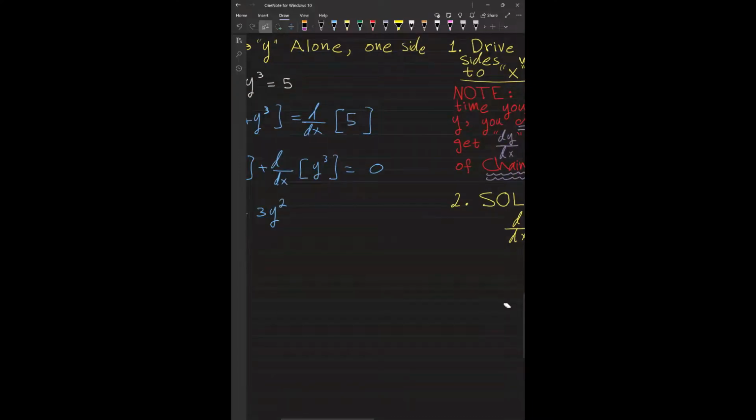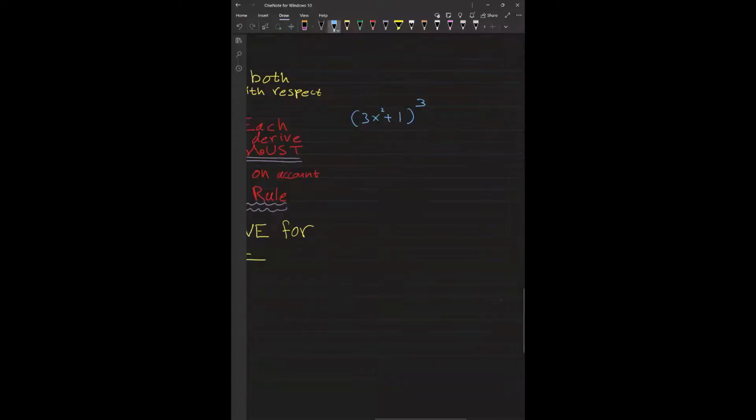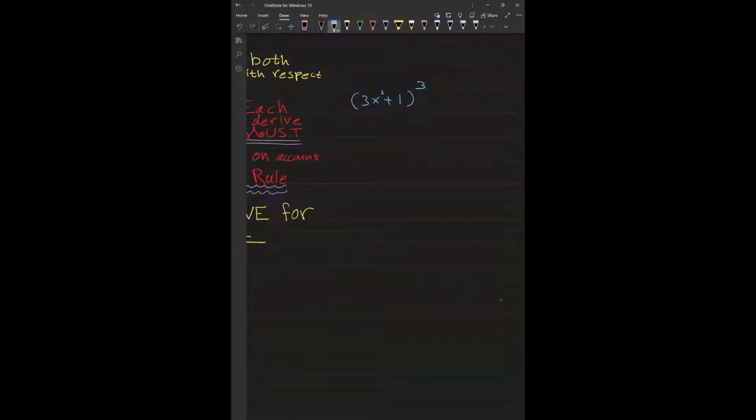If I tell you (3x squared plus 1) all quantity cubed, and I tell you to take the derivative of that, we're going to use the chain rule, the general power rule: multiply by 3, keep the 3x squared plus 1, take 1 from 3.